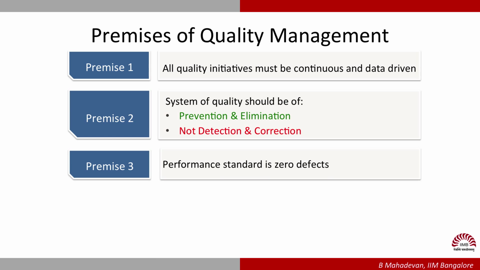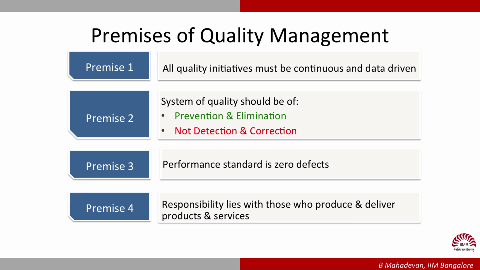The third premise, the performance standard is zero defects. For practical purposes, we can go near zero defects, but the performance standard is going to be zero defects. Fourth premise, the responsibility for quality must lie primarily with those who produce and deliver products and services, and not with the quality control department who can measure and find something. I think quality must be owned by those who create products and services through a process.